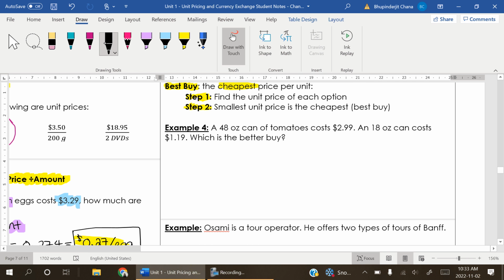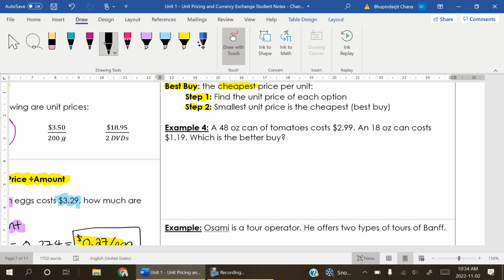So we have a 48-ounce can of tomatoes that costs $2.99 and an 18-ounce can that costs $1.19. So we're going to do the unit price. Oh, sorry. We always do money on top.